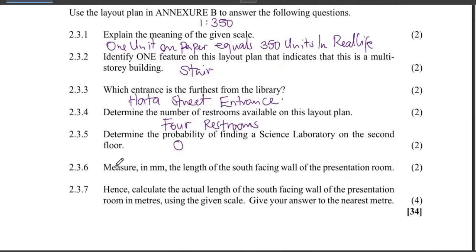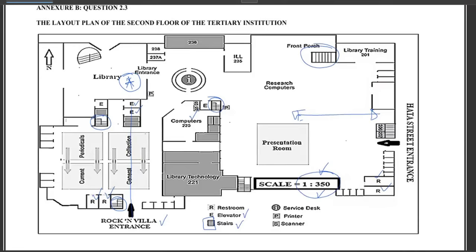They're telling us to measure the length of the south face wall of the presentation room. South. So we measure the length. The south wall means, do you have any compass here? Okay, yeah. Here, this is the north.